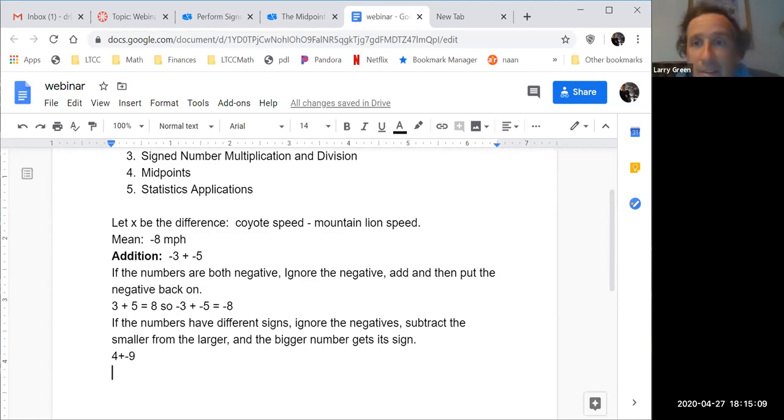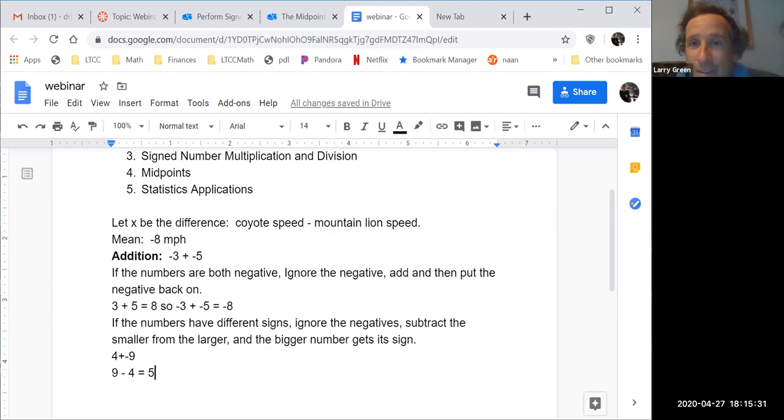One of them is positive, one of them is negative. So the first thing we do is just subtract. So the first thing is we go 9 minus 4, right? The big minus the small. And hopefully you can all do that. What's 9 minus 4? Yeah, that one's 5.